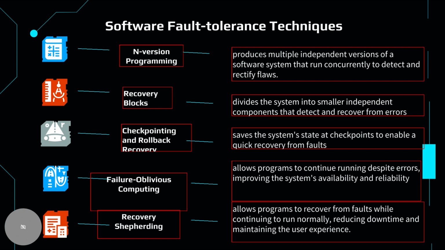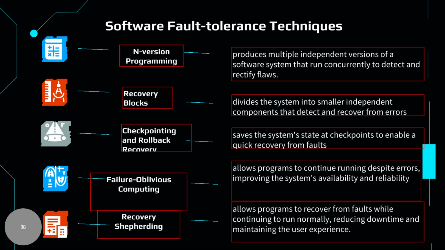For the software fault tolerance techniques, we'll start with N-version programming, which produces multiple independent versions of the software system that run concurrently to detect and rectify flaws. The second one is recovery blocks, which divide the system into smaller independent components that detect and recover from errors. Another one is checkpointing and rollback recovery, which sets the system's state at checkpoints to enable a quick recovery from faults.